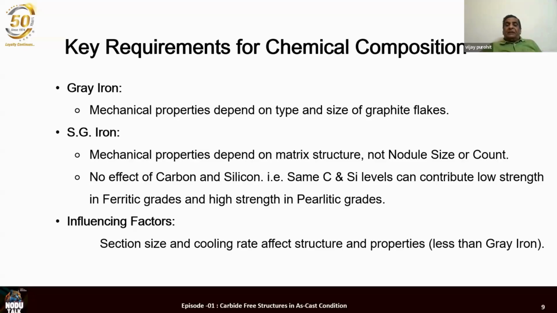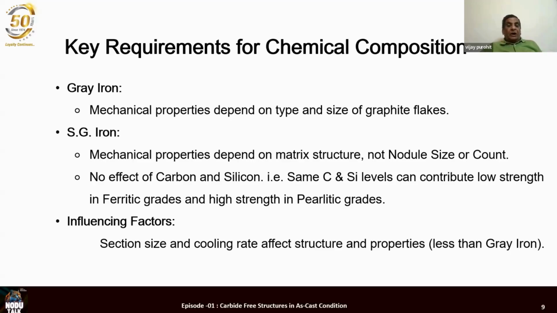In SGIN, the properties are not dependent on the nodules or the graphite shape. Graphite shape is nodular. The mechanical properties of SGIN are not dependent on the nodule size or nodule count. They are dependent only on the matrix of the material. There is no effect of carbon and silicon. I'm talking about carbon and silicon because we'll be talking about five basic elements and one extra parameter.